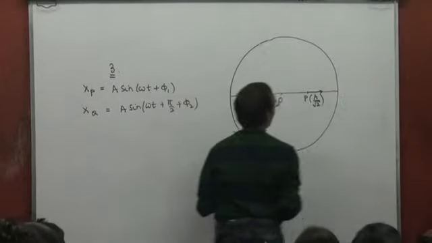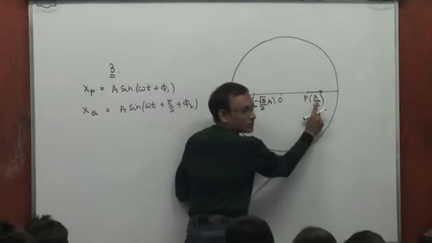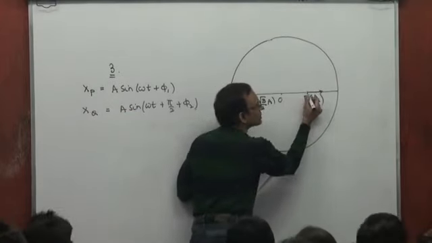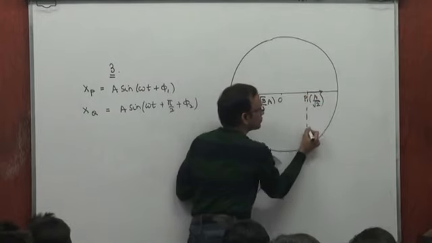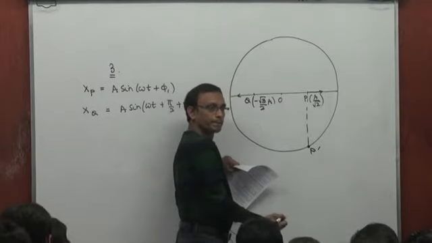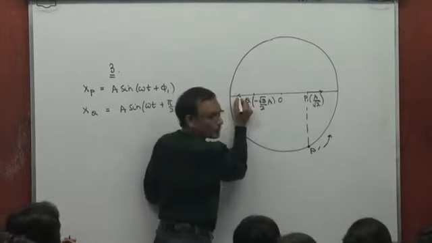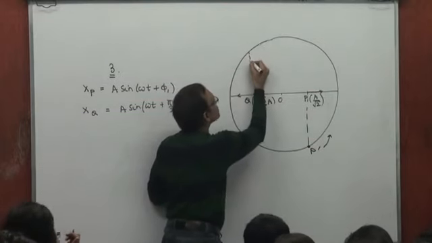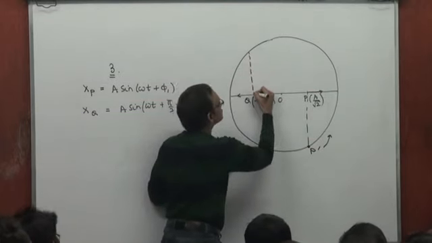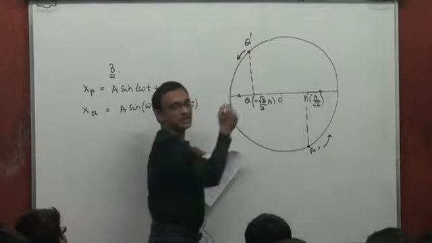Now, if P is moving to the right, its auxiliary particle would be right here, P prime, and would be moving like this. Clear? If Q is moving leftward, its auxiliary particle would be Q prime and would be heading in this direction.